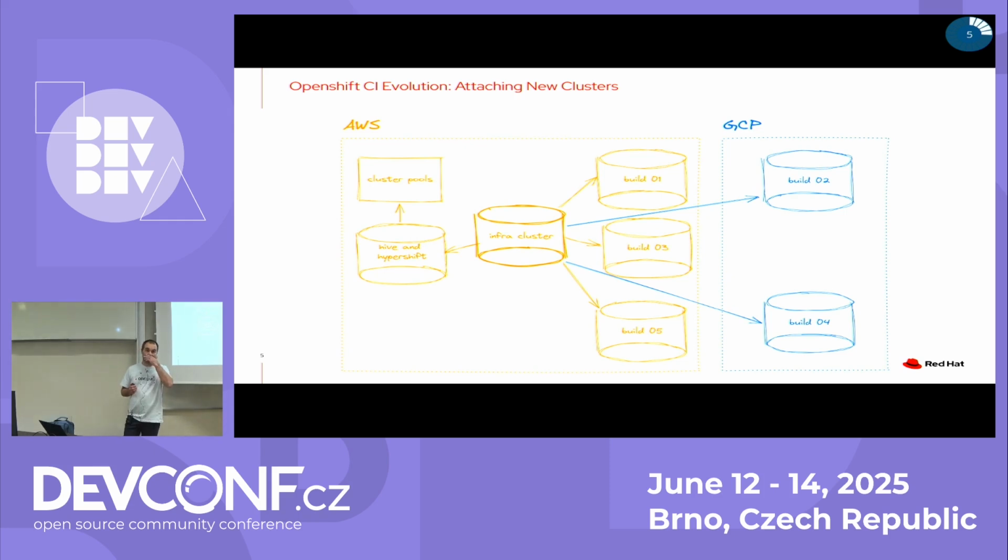Then we started to grow because more load, more things to do in the CI, and we attached additional clusters, mainly on AWS. So we have infra clusters, several build clusters. We have also Hive and HyperShift deployment, and we have cluster pools.